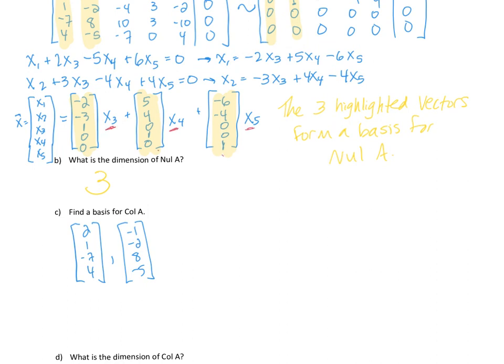So those three, there's going to be 3 vectors because we do one for each free variable. The dimension of col A, by the nature of how we find it, we use the pivot columns, so it's always going to equal the number of pivots. And if you add up the number of pivots and the number of free variables, that's the total number of columns.